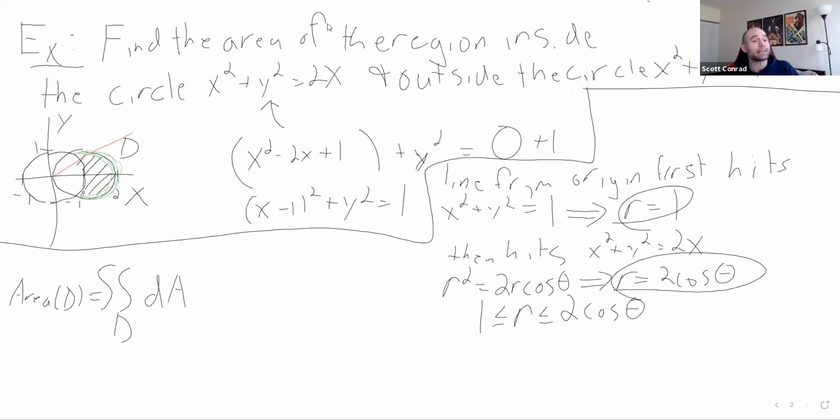Okay. So now we need to get the bounds for theta. This is the one that kind of trips a lot of people up. So let's look at that. We're basically going from here up to here.